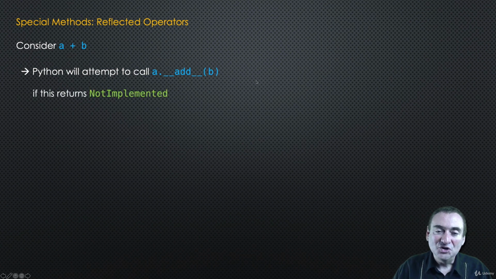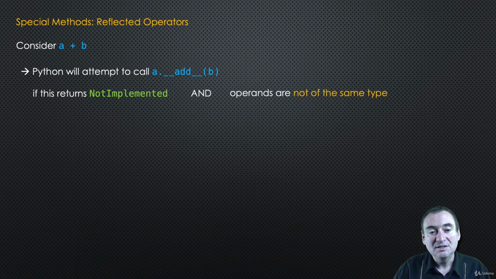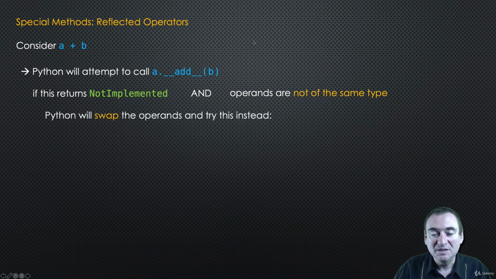But if this returns NotImplemented, not if the method doesn't exist, but if it returns NotImplemented, and the operands are not of the same type, that's important. Both of these things have to be satisfied. The add method should be implemented and return NotImplemented, and the operands should not be of the same type. So a and b cannot both be instances of the same class.